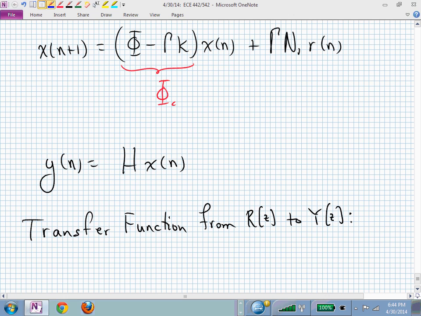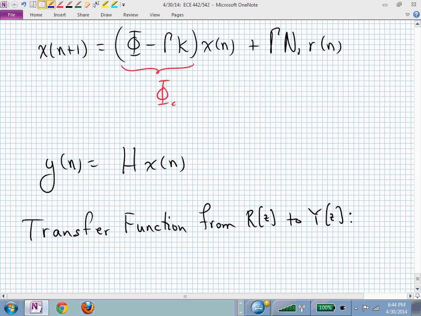We z-transform that dynamic equation. Z-transforming little x of n plus 1. And remember, x is a tall vector, isn't it? X could have 10 components. X is a vector. U we've already collapsed, but we still have R, and R we said let's just let that be a scalar.